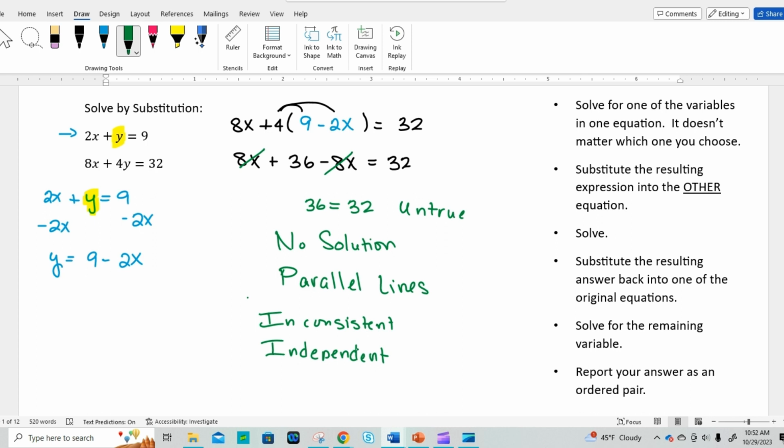Now, this is really the only way that I can express this answer. So depending on what your instructor wants, you may write no solution. You may use the vocabulary, the inconsistent, independent. You may be asked to describe the graph. It really is just going to depend on how your question is phrased. But unlike the last one, there's no set builder notation or any other way to express this other than in words, at least that I have seen.